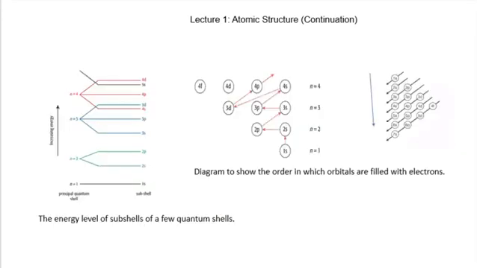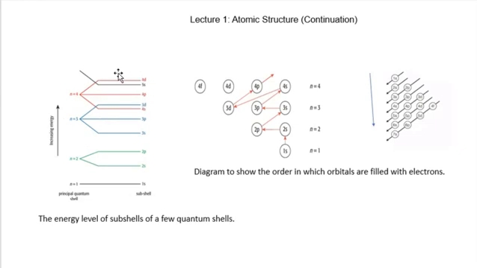Next slide. Now, you see, I talked about it. When n is equal to 1, we have only one subshell, 1s. When n is equal to 2, we have 2 subshells, 2s, 2p. When n is equal to 3, we have 3 subshells, 3s, 3p, 3d. When n is equal to 4, we have 4 subshells, 4s, 4p, 4d, 4f.